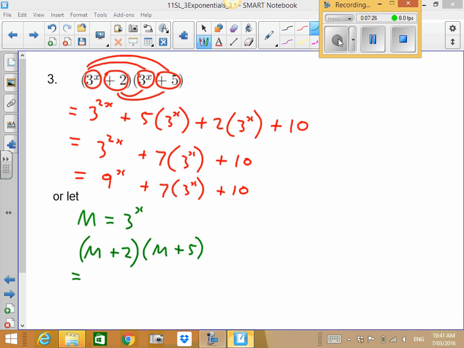Expanding the brackets would give us m squared plus 7m plus 10. And because m equals 3 to the x, we can replace m with 3 to the x and write 3 to the x all squared plus 7 lots of 3 to the x plus 10.